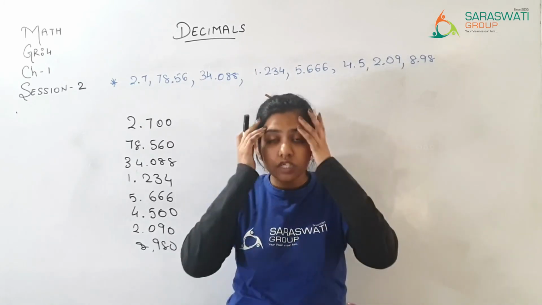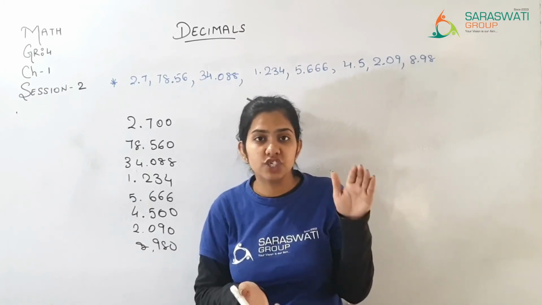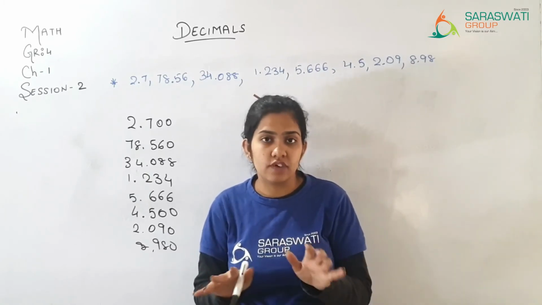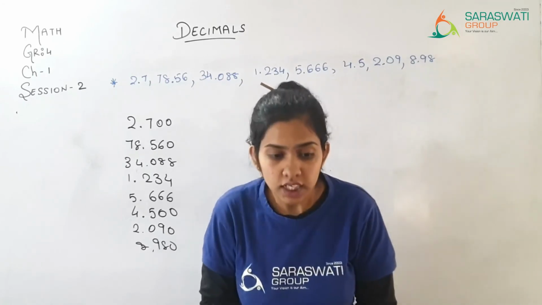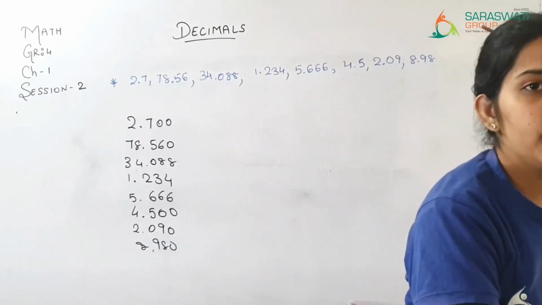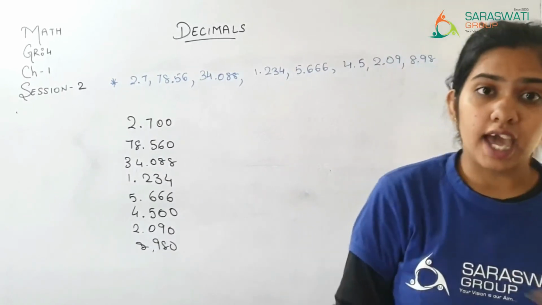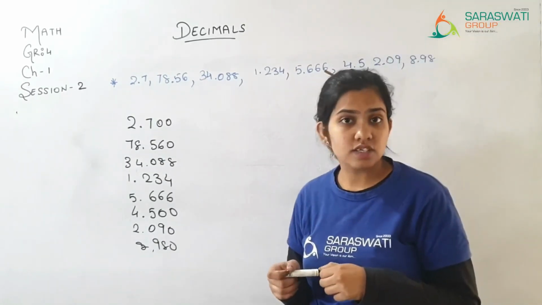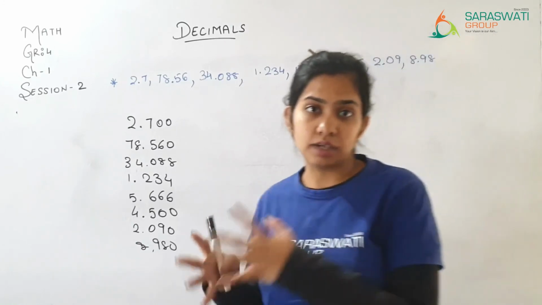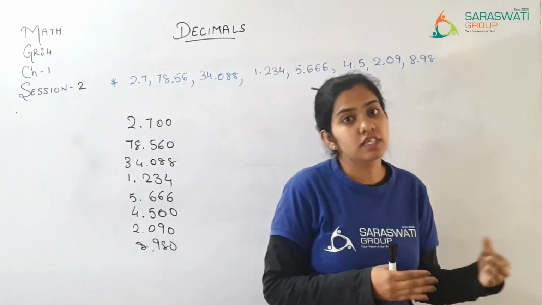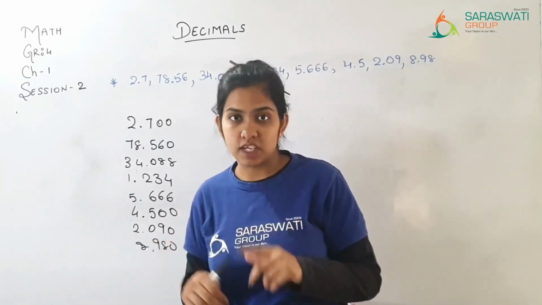Okay, so this was all about today's session, and now we are ending a chapter here. This is a very short chapter, so in 2 sessions we have completed our chapter. We have seen like and unlike decimals, and we have solved the exercise also, that is how to write decimal fractions as decimal numbers, and if decimal numbers are given, how you will write them as decimal fractions. Then we have seen the place value part.